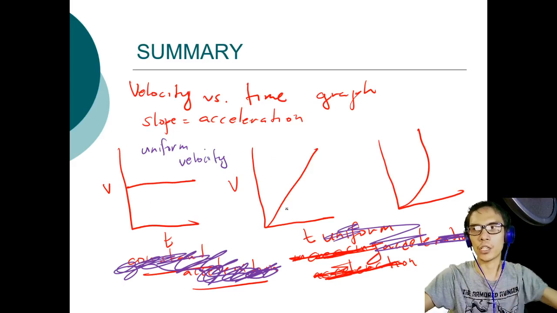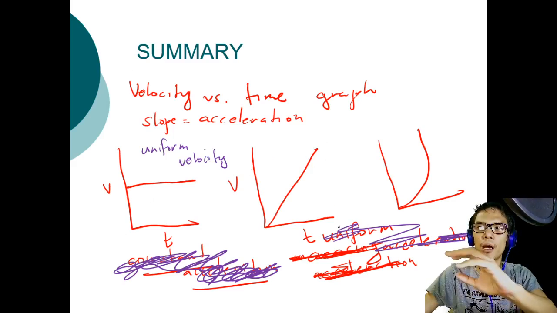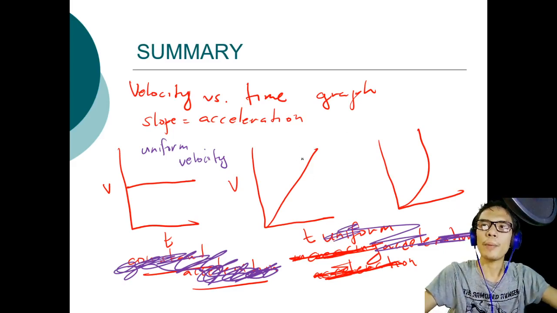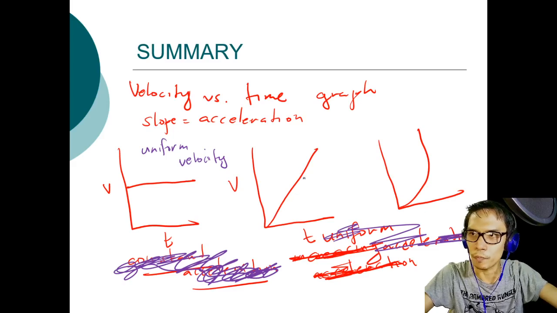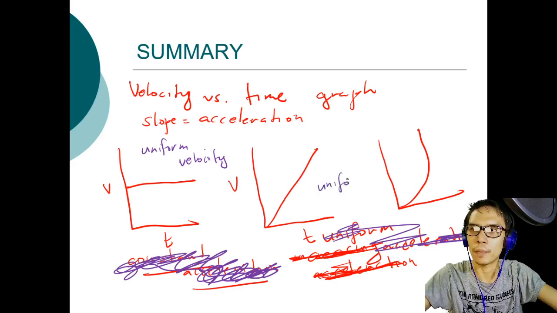Next one, if you have a velocity versus time graph that looks like a slope or straight line slope, this is a uniform acceleration.